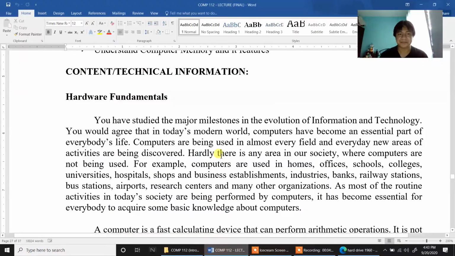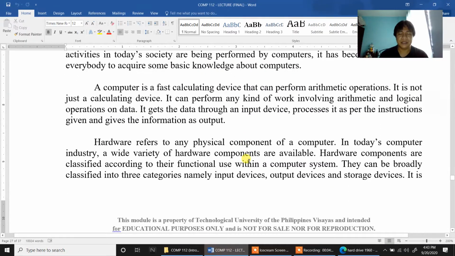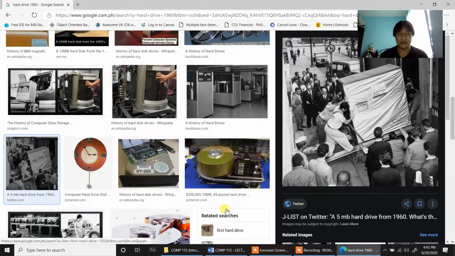The hardware of the new technology is becoming smaller. The more the technology advanced, the more the hardware shrank into smaller bits. So at first the hard drive was a mechanical hard drive. This is the hard drive right now.